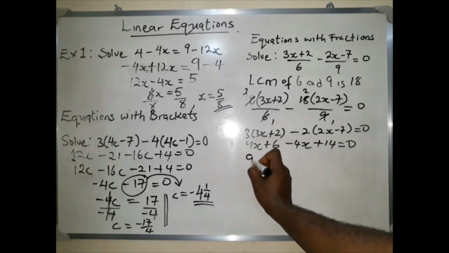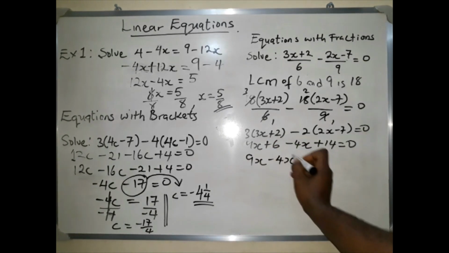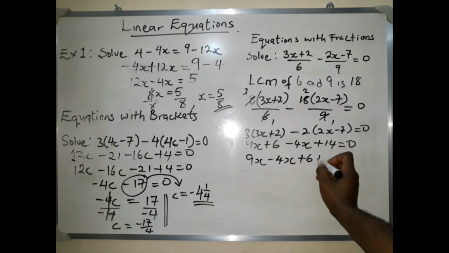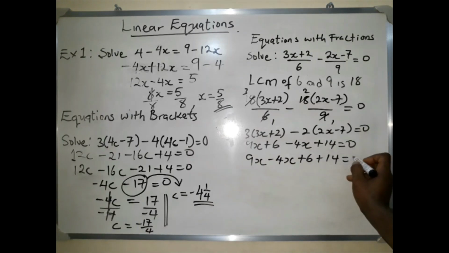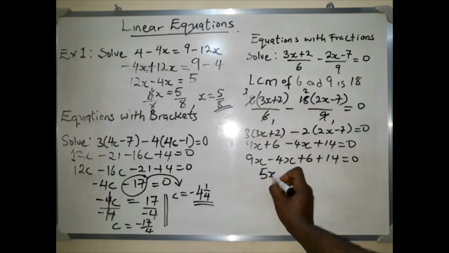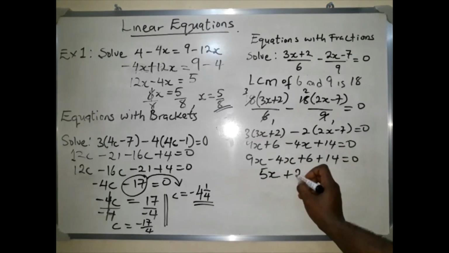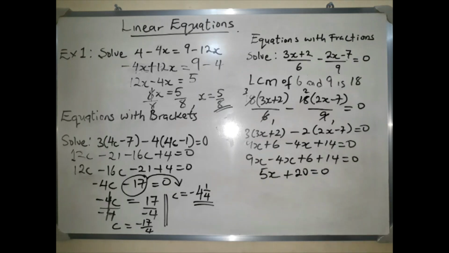We now say 9x minus 4x, which are like terms, plus 6 plus 14, which is equal to 0. Now, what is 9x minus 4x? It gives us 5x plus, what is plus 6 plus 14? Is plus 20 is equal to 0.